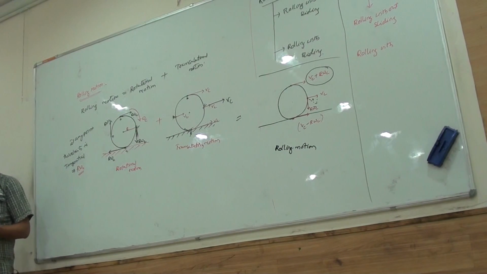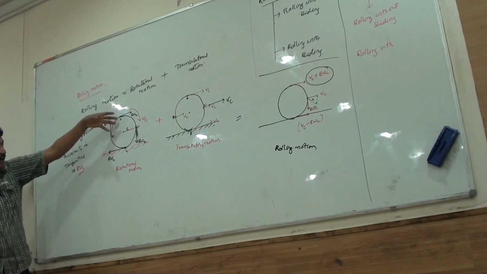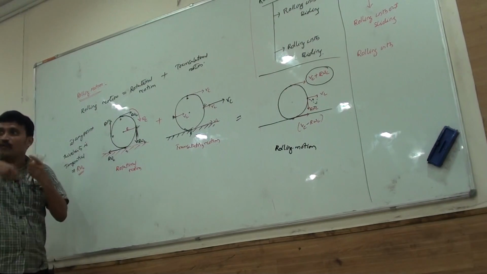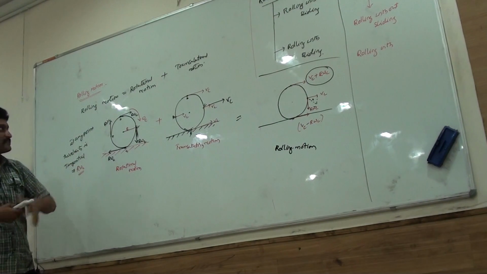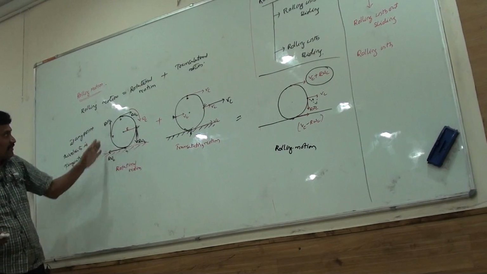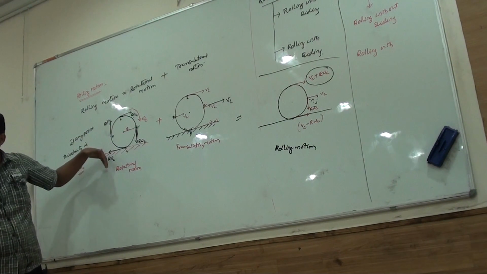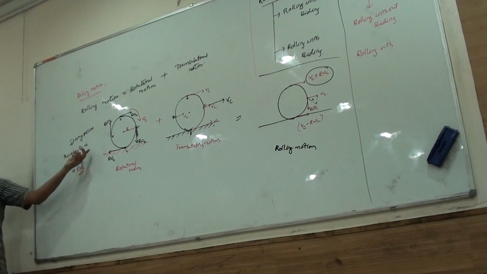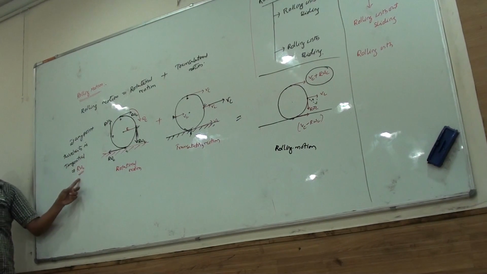Rotating motion means the body is revolving about its own axis with some angular velocity. At any point, the velocity is always tangential, equal to r omega c.